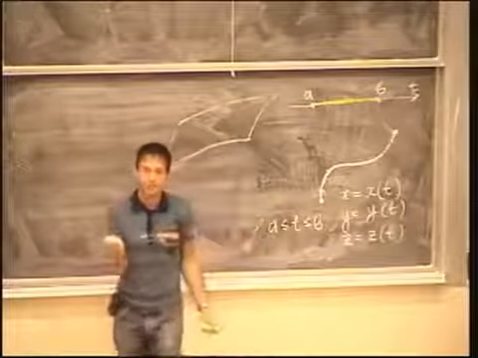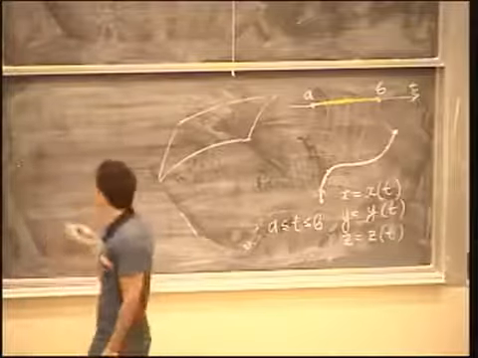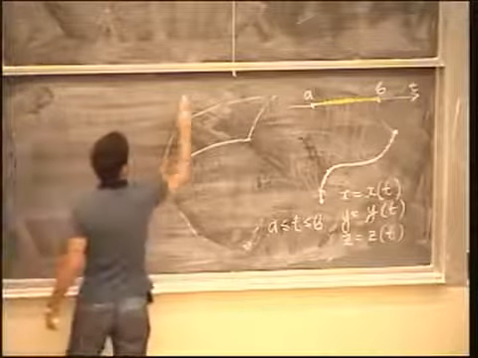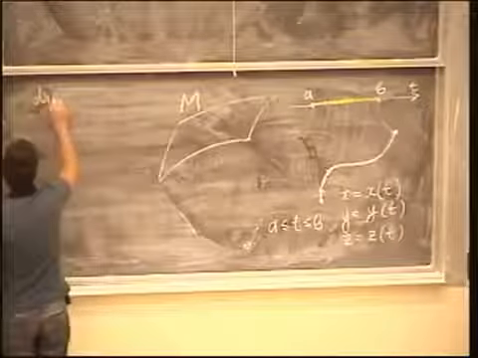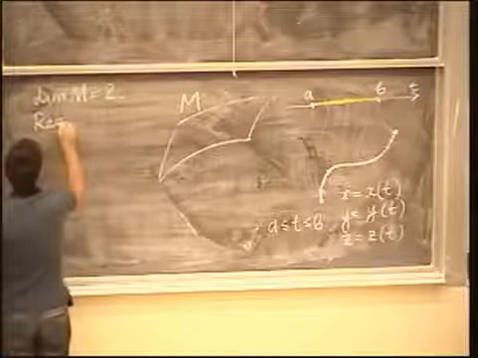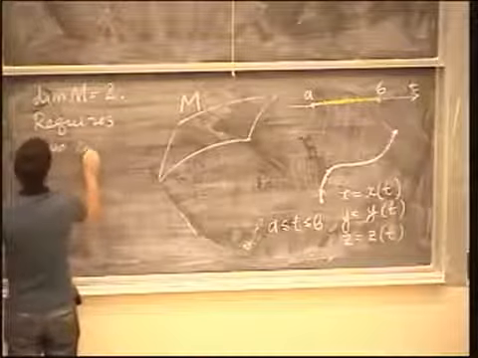And the reason is very simple: a surface is two-dimensional. So this M, let's call it M, its dimension is 2. And so it requires 2 independent parameters.